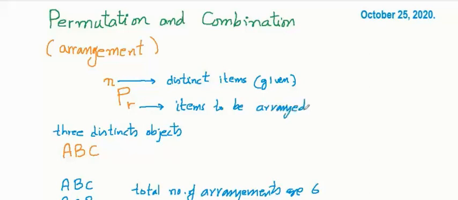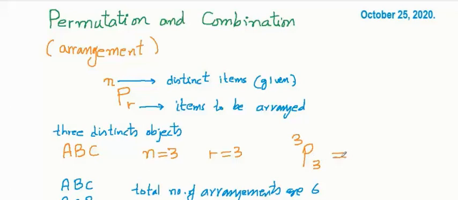See, in this example we have 3 given, so N is equal to 3. And how many do we have to arrange out of these 3? We have to arrange all of them, so R is also equal to 3. So this means 3P3, where P stands for permutation.